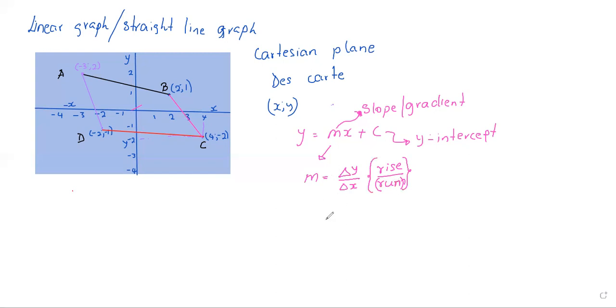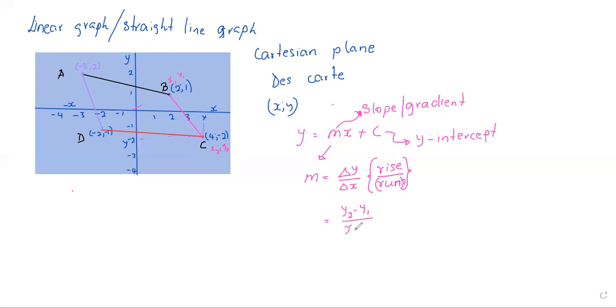Now, for a change in science or in mathematics, we must have more than one value. So basically, we can call this x1, call that y1, call this x2, call that y2. So as a coordinate, change in y will be y2 minus y1.